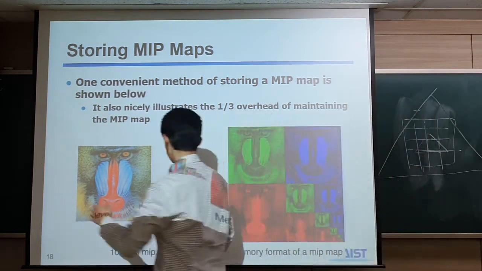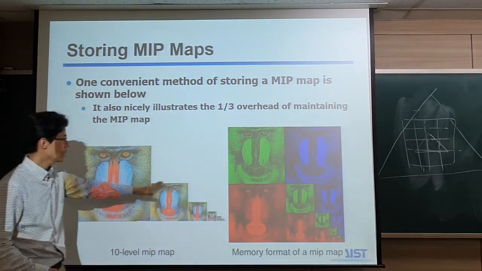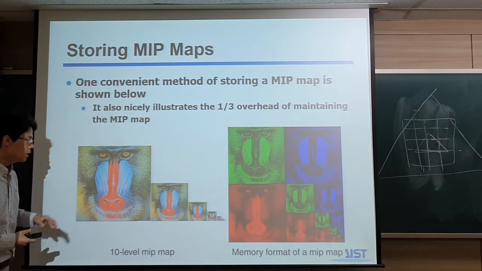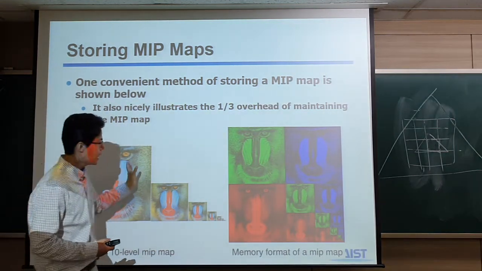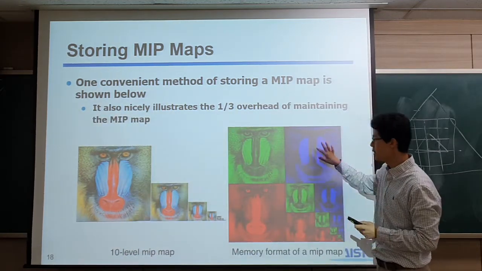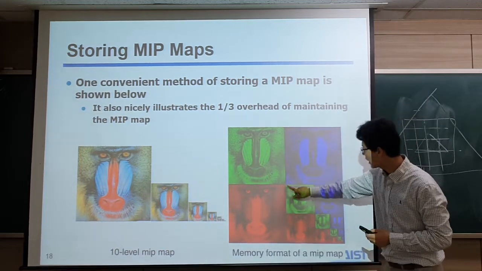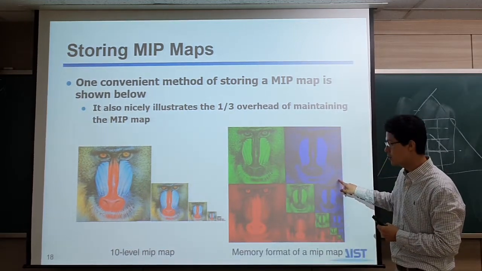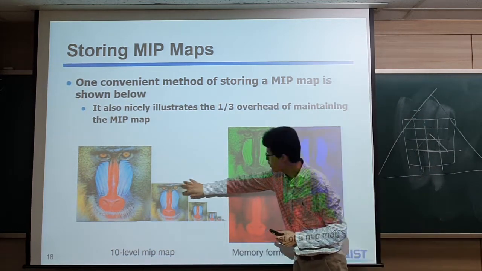Here I'm showing the different MIP map levels. There is the original one, and then the half and half one, and this texture consists of RGB. If we reorganize this texture into this layout, for the original one we store RGB, and then we get the additional one, and we do the same operation here and there.